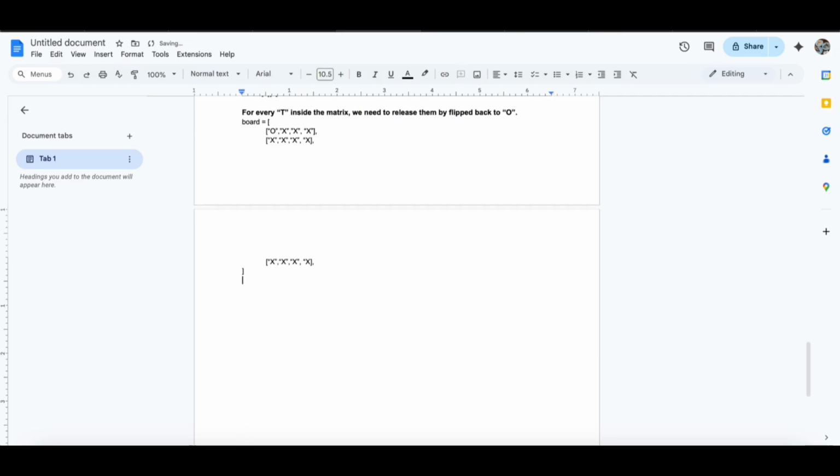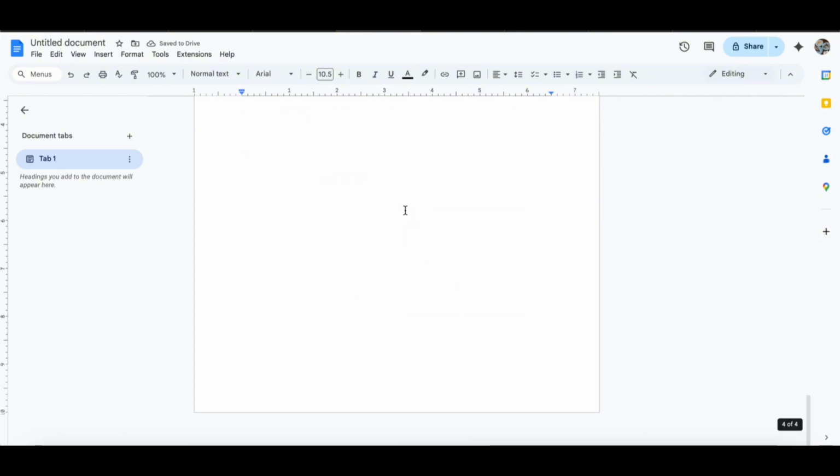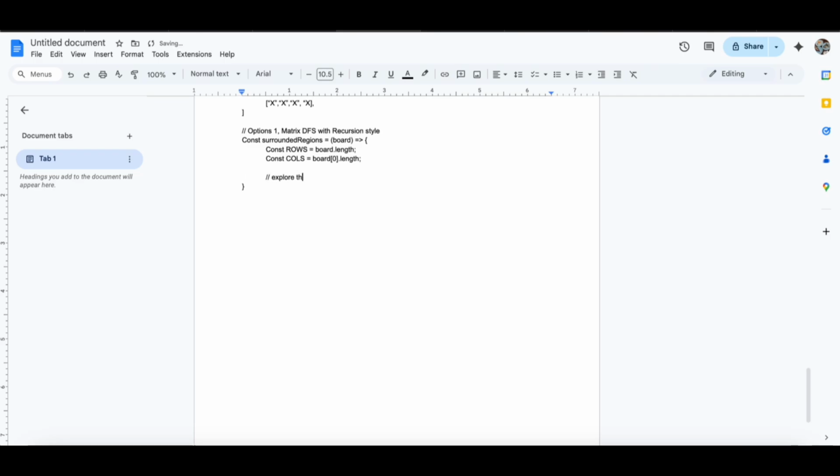Okay, let's turn them into code, right? Const surroundedRegion, the input is board. This one is option 1, matrix DFS with recursion style. Const rows is board.length. Const cols is board index 0 .length. Then we need to explore the border region, right?